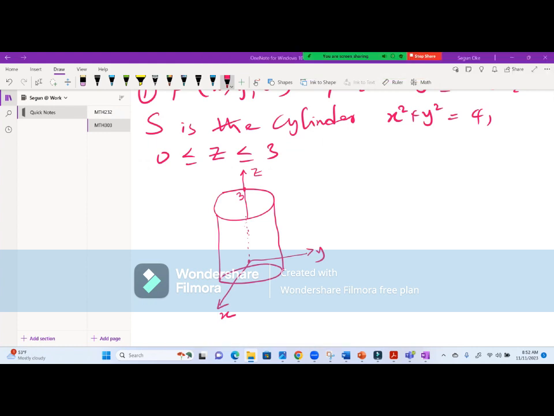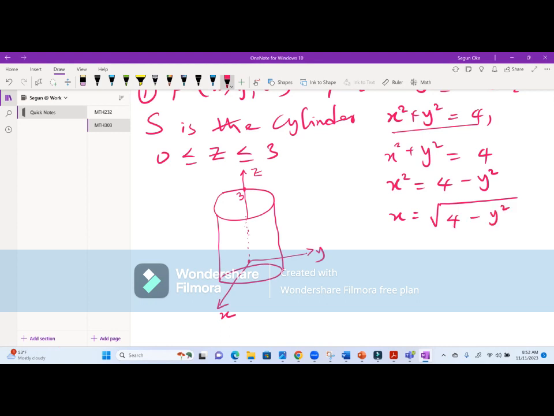So in this case, recall that we have x squared plus y squared equals 4. You agree with me, x squared is the same thing as 4 minus y squared. What is x? X is the square root of 4 minus y squared. Any question?